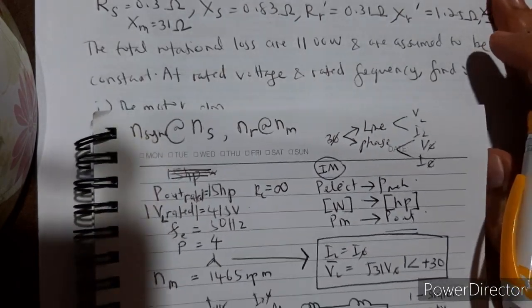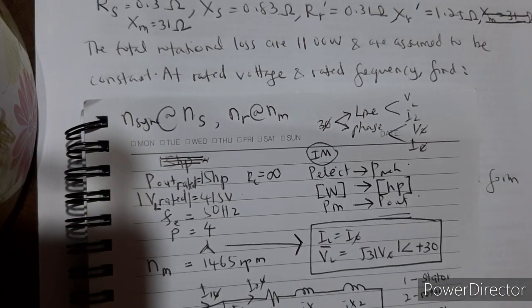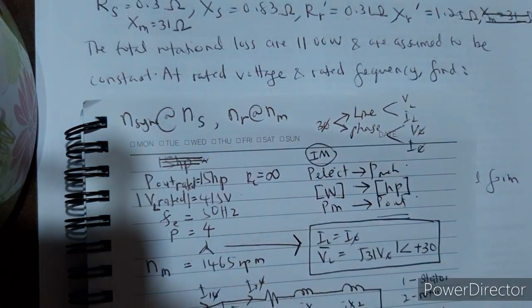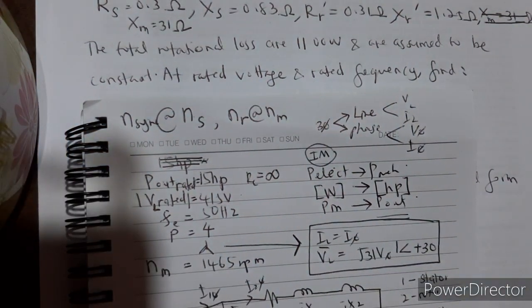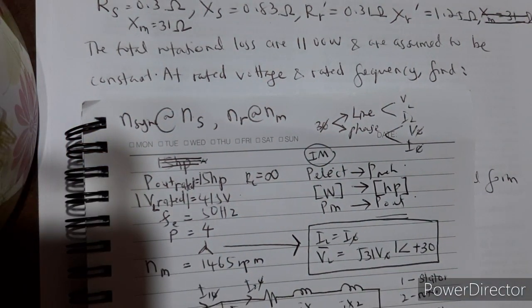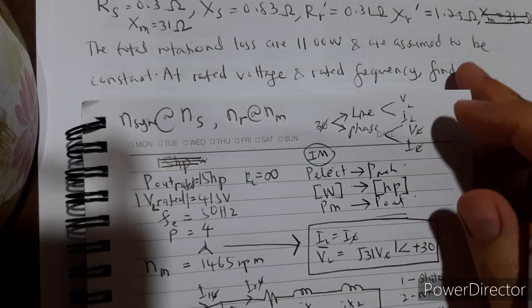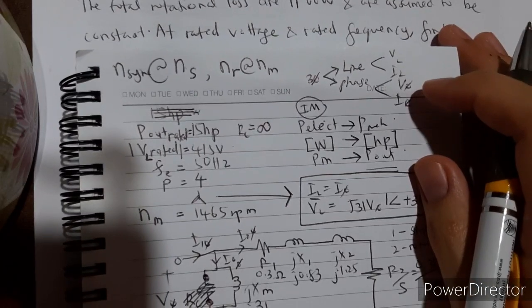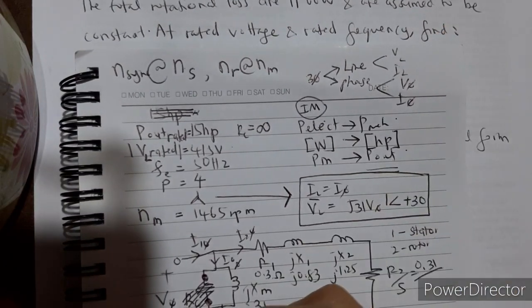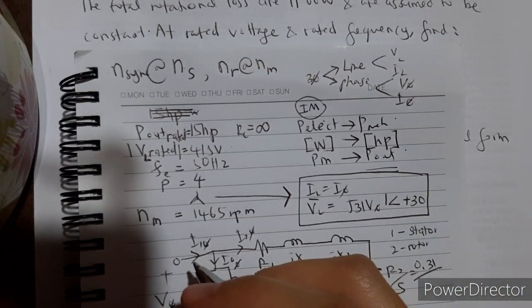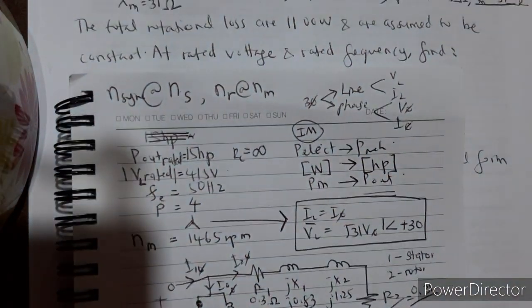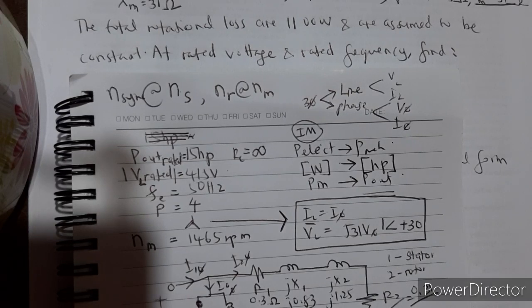Okay, before we go to the question, another given information is the total rotational loss 11000 watt. So P rotational loss and are assumed to be constant at rated voltage and rated frequency.